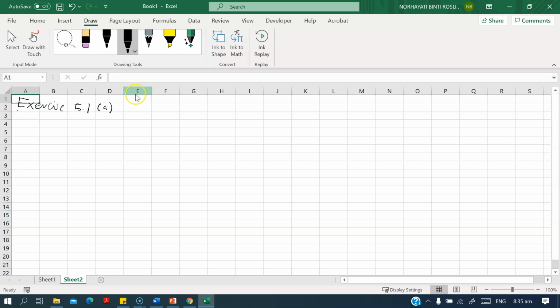For this exercise, I have here y double prime equal to y prime plus y plus 2, which is given in the question, y0 equal to negative 0.6, and you have z0. Here you have y1 equal to 1.0 and h equal to 0.2.